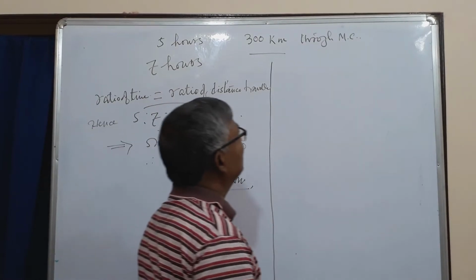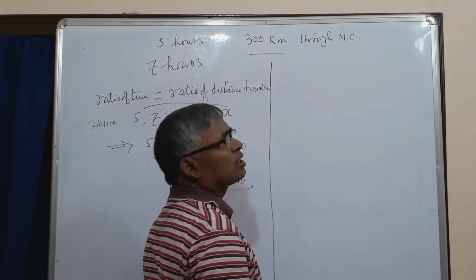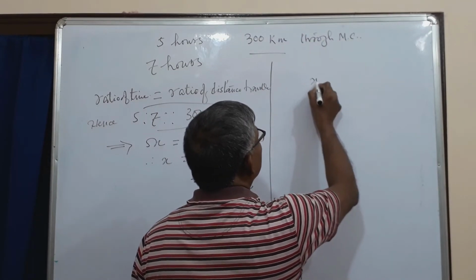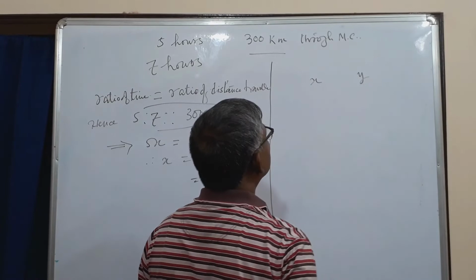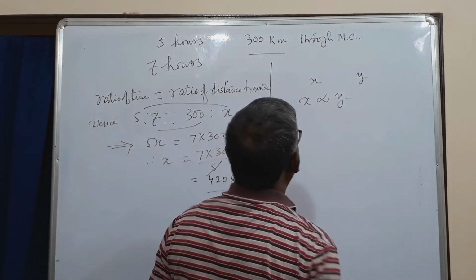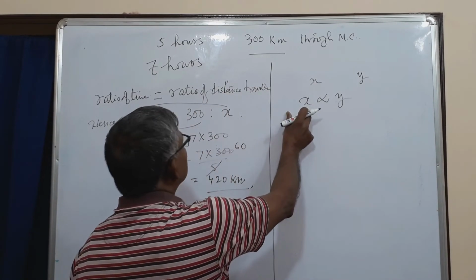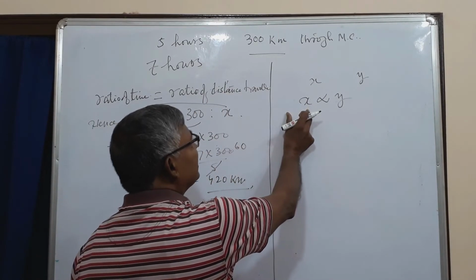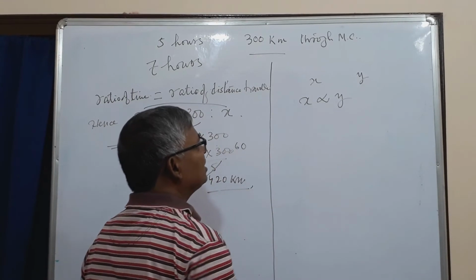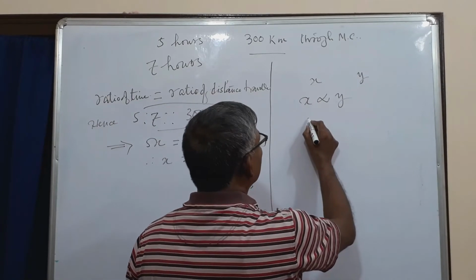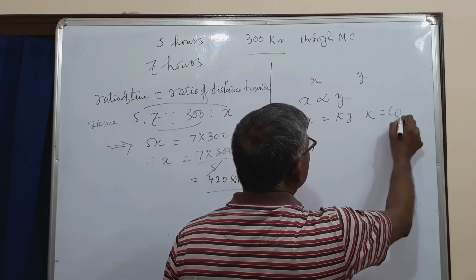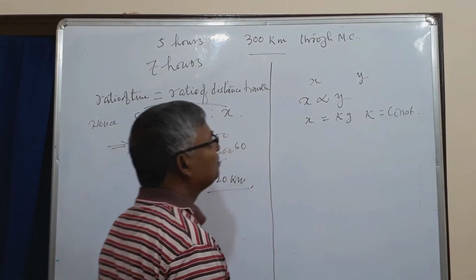Now let us apply the rule of direct variation. Suppose these two items are x and y. Here x varies y, that is, when the amount of time increases, the distance of the path also increases. Here we put x equals ky, where k equals constant or constant of variation.